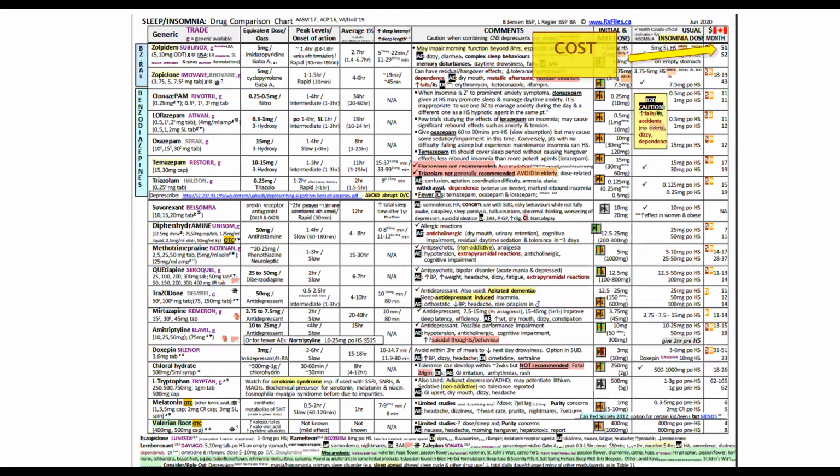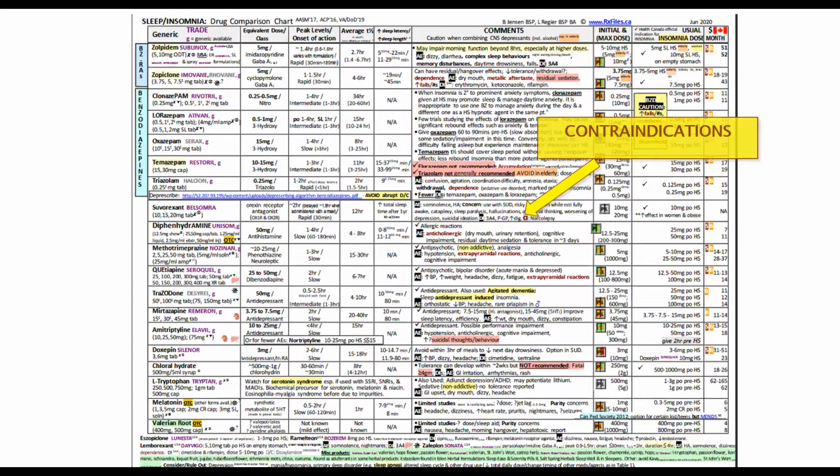What is the cost? And this is always listed in Canadian dollars and for a quantity that's generally dispensed in Saskatchewan. So for example, sleep and insomnia drugs, they're going to be for about a 34-day supply, as opposed to the diabetes medications, which are generally a 100-day supply. So that will be reflected and definitely noted in that column.